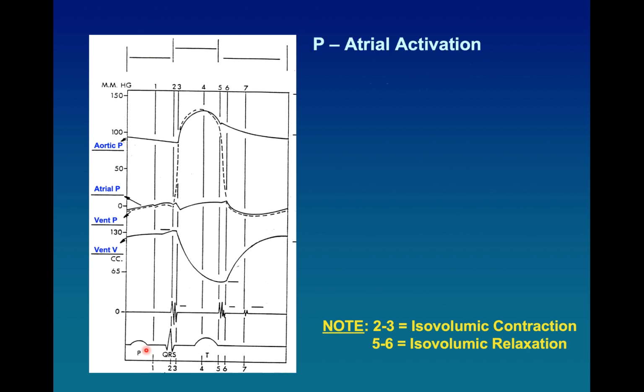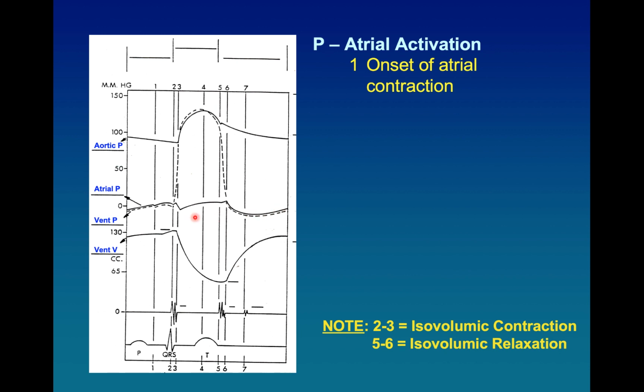And when the atria contract, it's going to generate a pressure. But do the atria need to contract with a very, very high pressure? No, because the atria are simply pumping the blood right down into the ventricles. So if we look at the atrial pressure line, this arrow points to atrial pressure. It's this solid line that goes up, drops down, goes up, and drops down again.